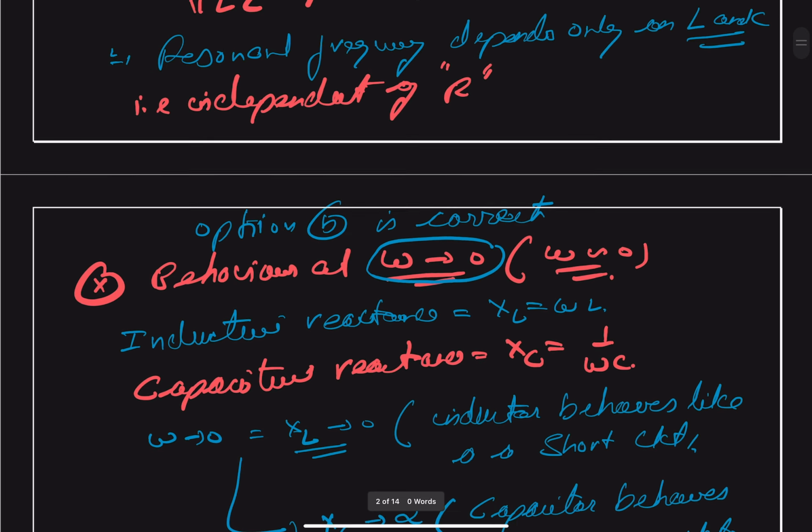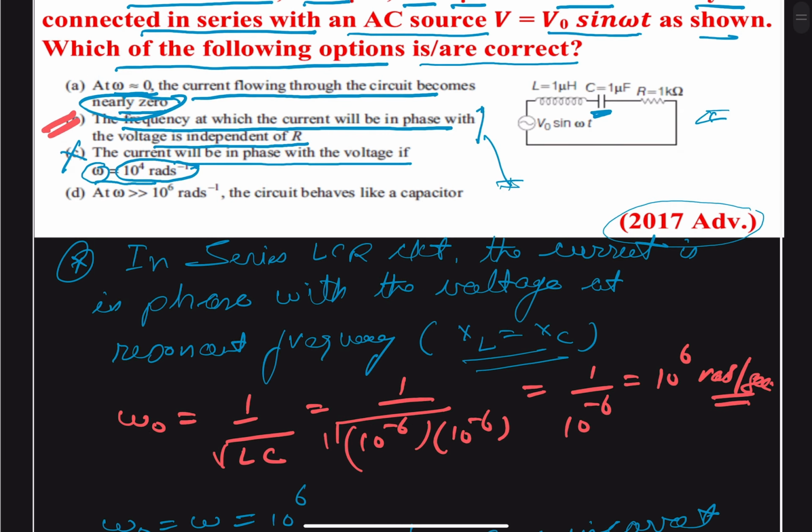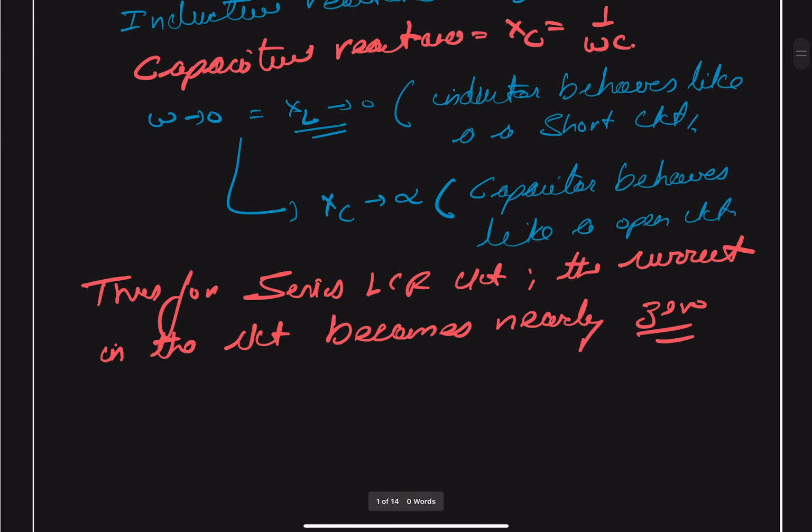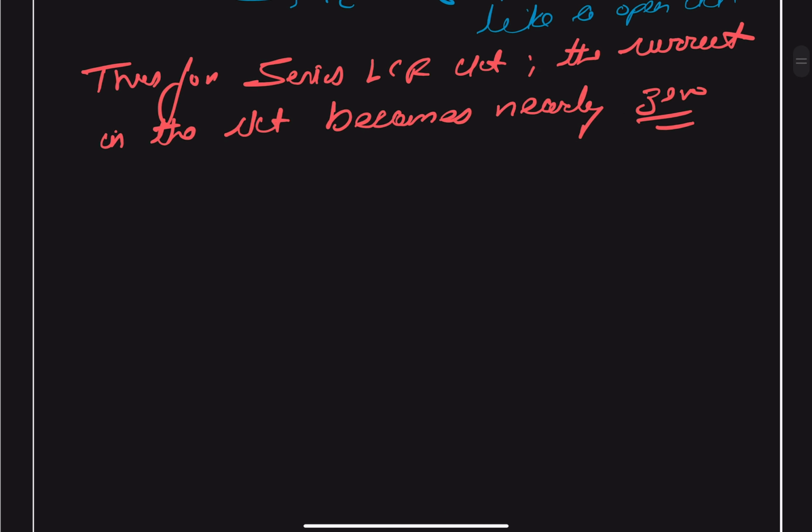So this option number A is our correct option. You can say option A is correct.